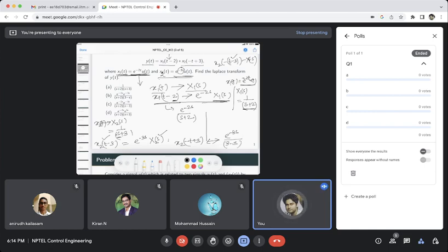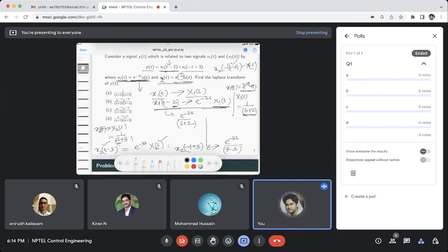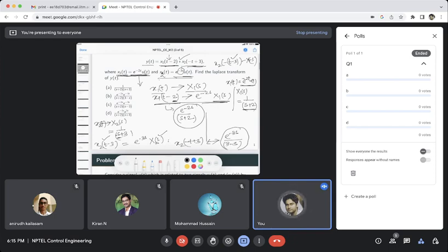Now we have two terms: the first term's Laplace transform we have computed to be e to the power minus 2s by s plus 2, and the second term's Laplace transform is e to the power minus 3s by 3 minus s. Since you are taking the convolution, the Laplace transform of the convolution will be just the product of these individual Laplace transforms. So the final answer will be the product of this term and this term.